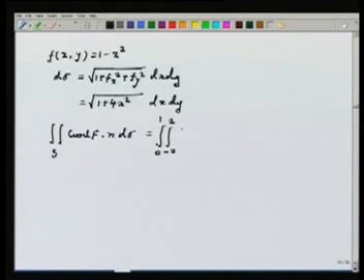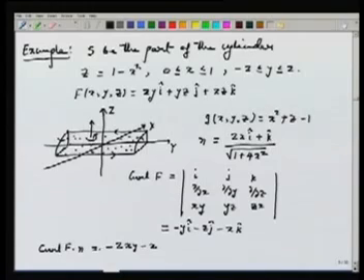Curl f dot n I have calculated, it is minus twice xy minus x, divided by 1 plus 4x square. If I go back to the previous formula, this formula is wrong. Curl f dot n is minus 2xy minus x is correct, but the quantity is square root of 1 plus 4x square, because in n this quantity is sitting.